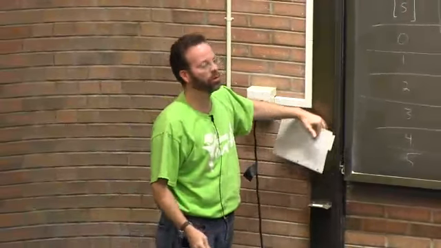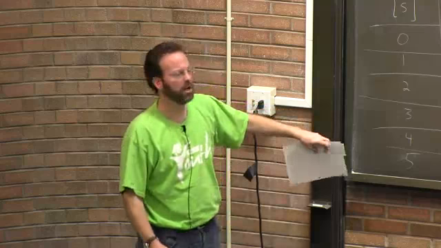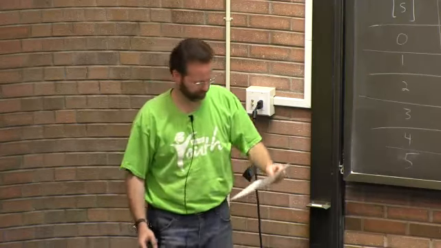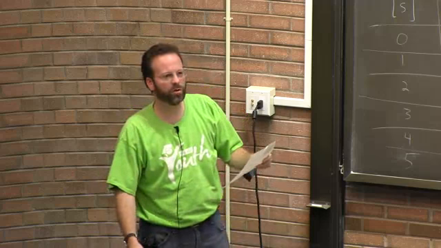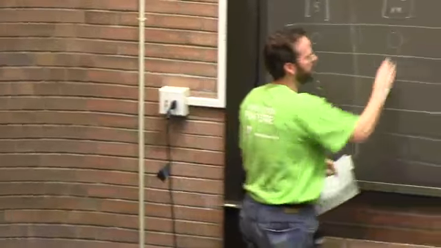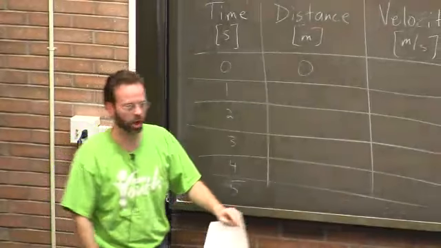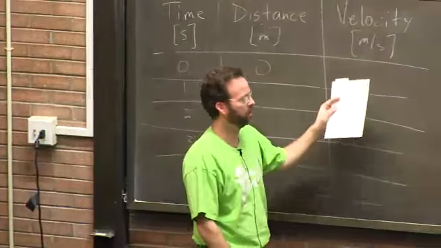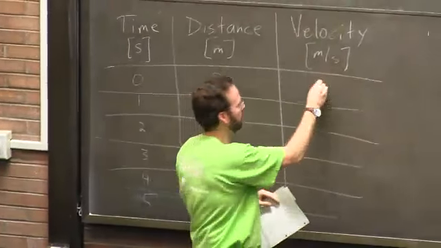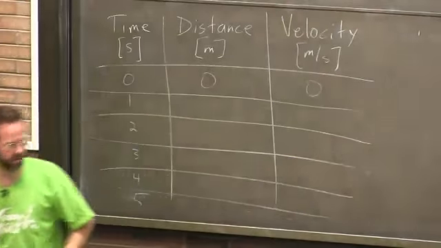And this works for all motion in any direction, but I want to do it with free fall, things dropping. So at time 0, it hasn't fallen at all, so it's 0. And what's its velocity initially? 0. See? So far, so good.